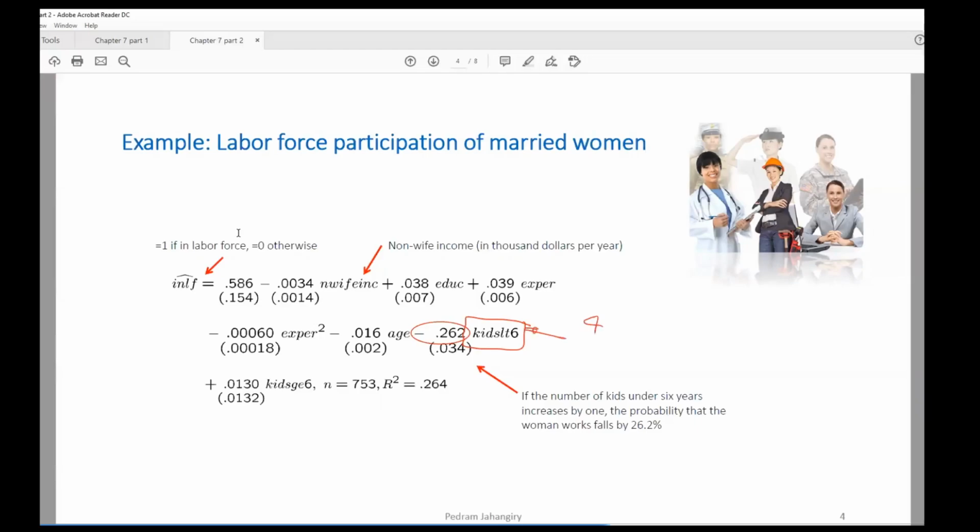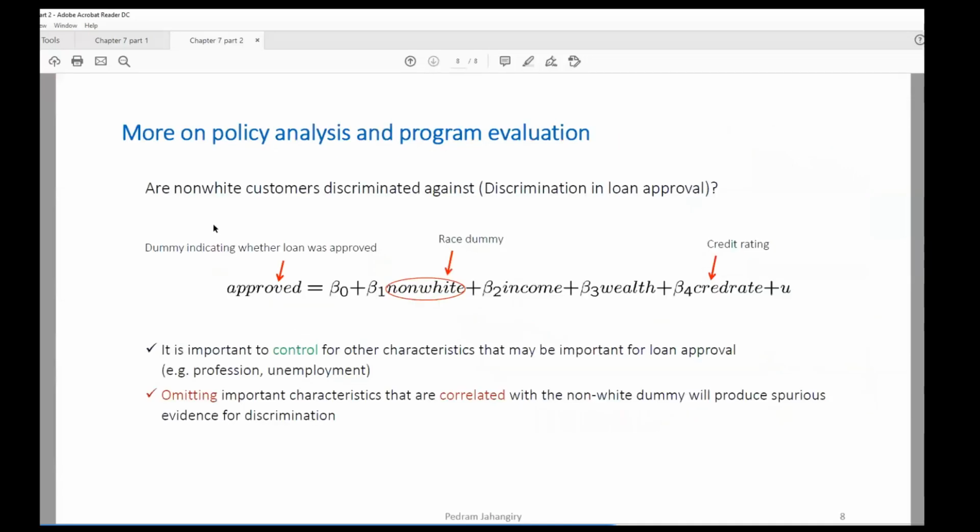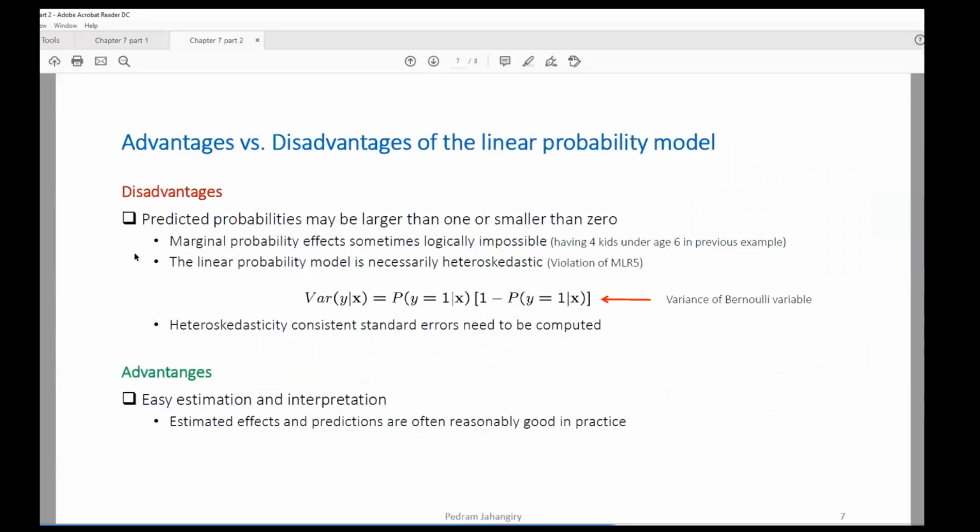So if I have 4 kids less than 6 years old, what's the probability of participating in the labor market? 4 times minus 2.6 is greater than 100%. So it's going to say that the probability of participating in the labor force decreases by 100-something percent, which doesn't make sense. So that's why calculating the marginal probability is not doable. Marginal probability effect sometimes logically impossible.